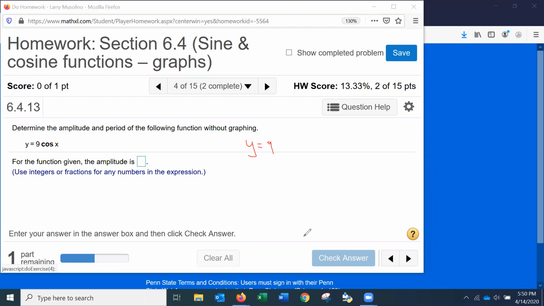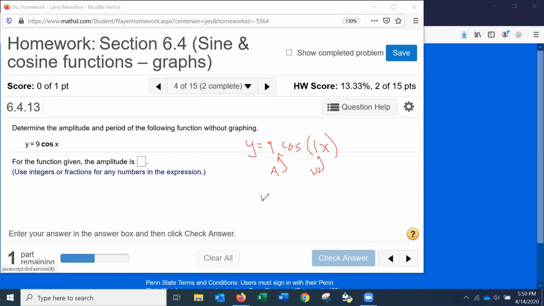They're giving me y equals 9 cosine x. I'm really going to think of it as cosine 1x. Well, A matches up to 9 in this example. That omega matches up to 1 in this example.